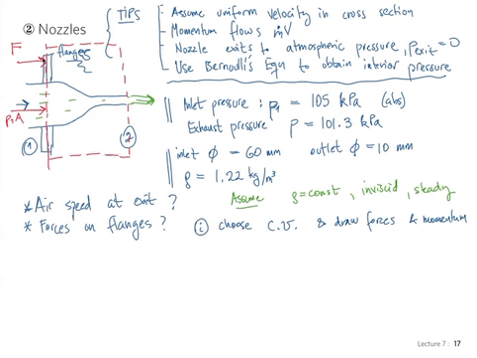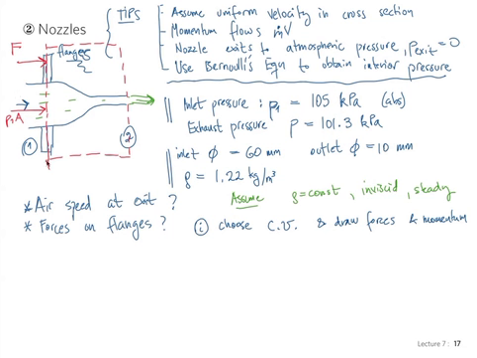But in this case, there's a part of the control surface that is at a different pressure. So we have to consider the pressure forces. We don't have any shear stresses, because it's inviscid and there are no forces tangential to our control surface. There's only the pressure force. And of course, the force at the flanges.